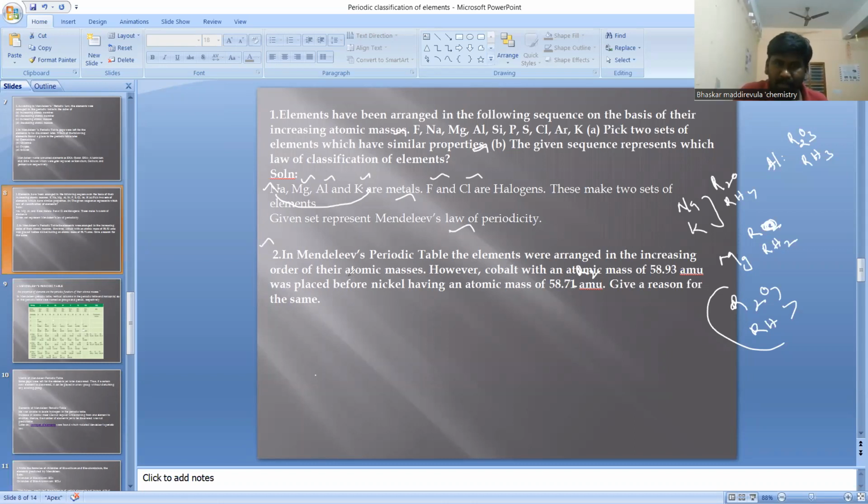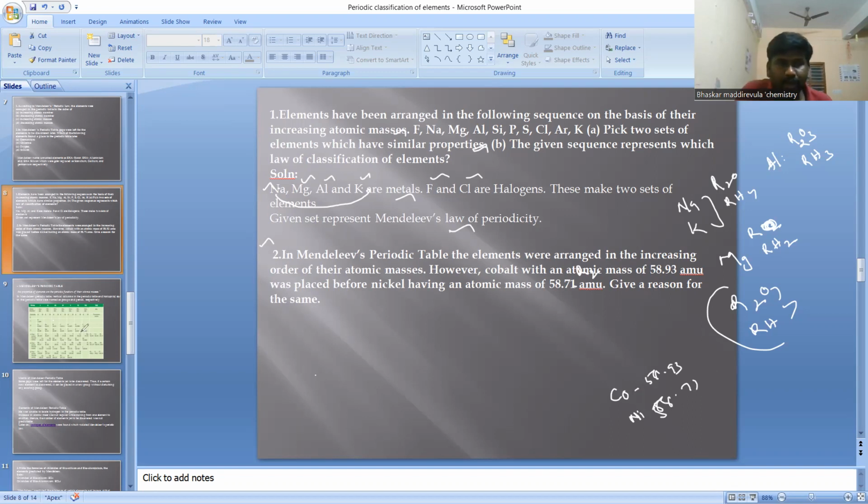However, in some cases, there are exceptions. Cobalt's atomic mass is 58.73 amu, and it was placed before nickel, whose atomic mass is 58.71. So why did he do this?